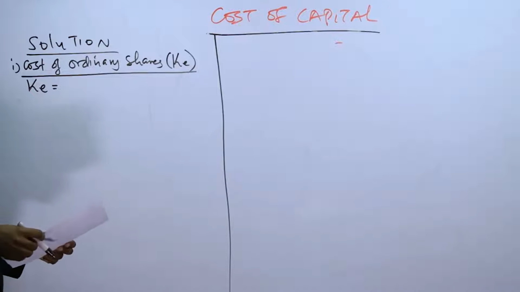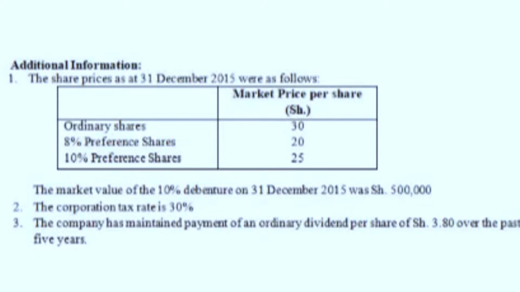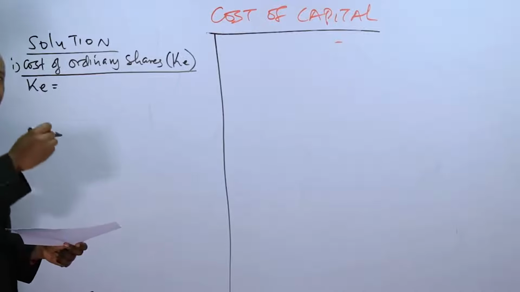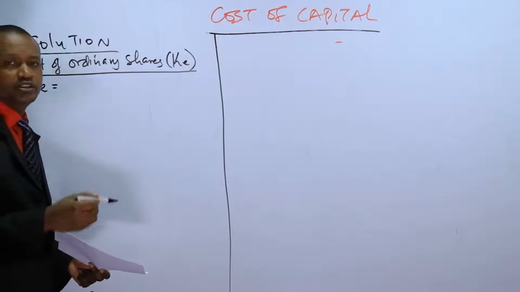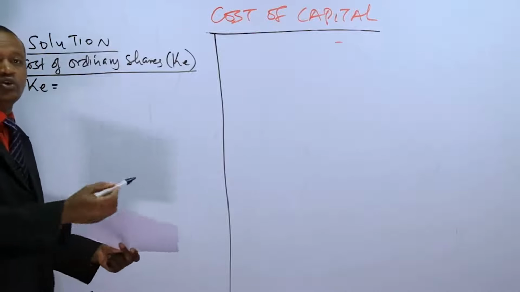And note number 3, if I'm to read it, it says that the company has maintained payment of ordinary dividend per share of 3.8 shillings over the past 5 years. So every year the company has been paying 3.8 shillings for the last 5 years. So there is no growth.